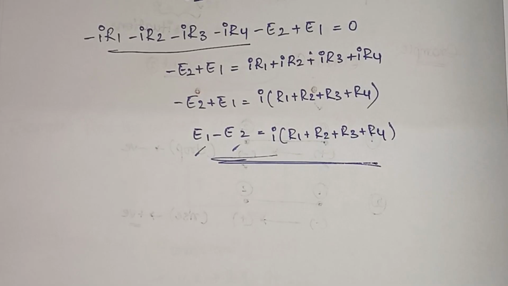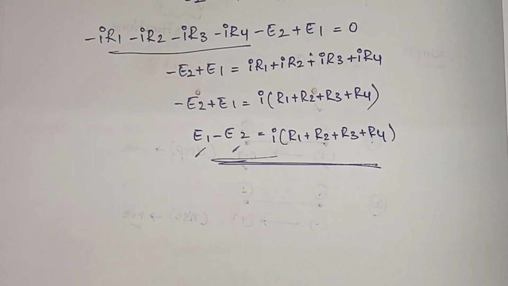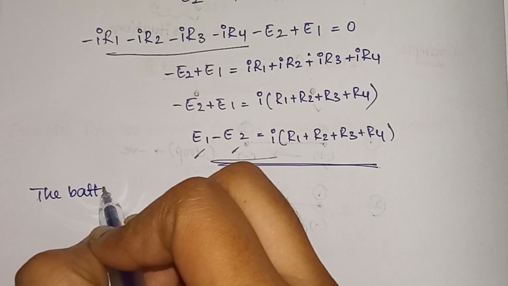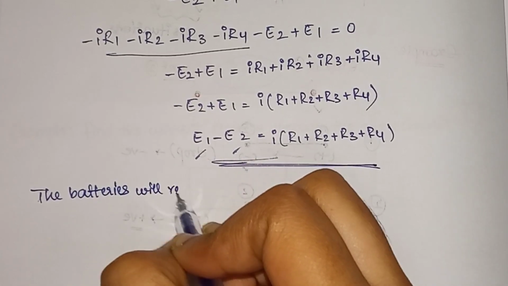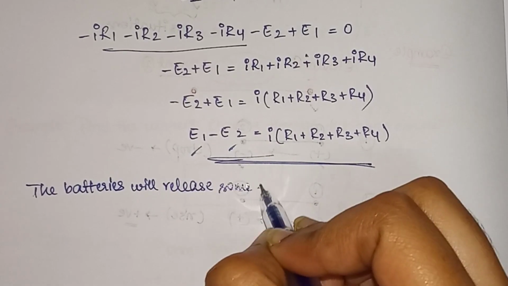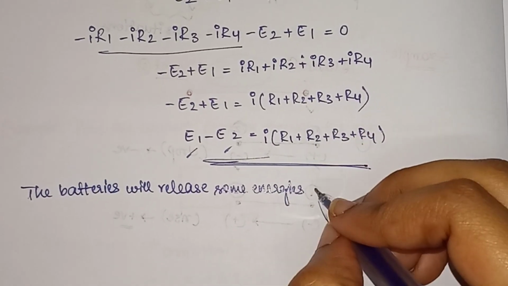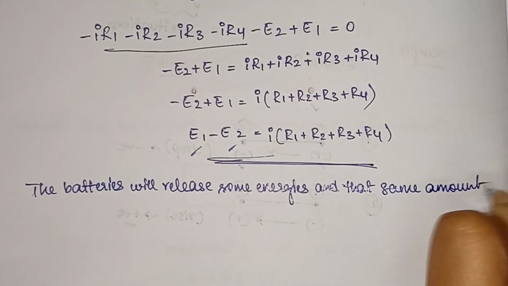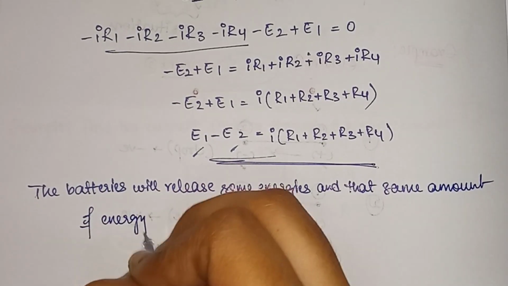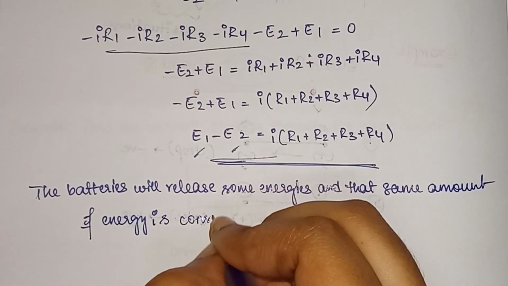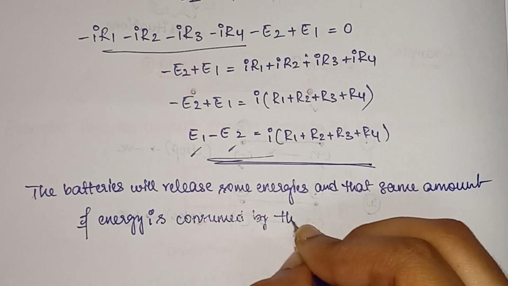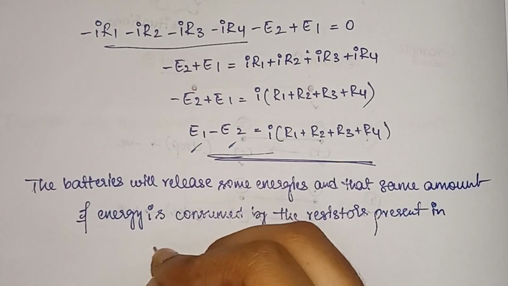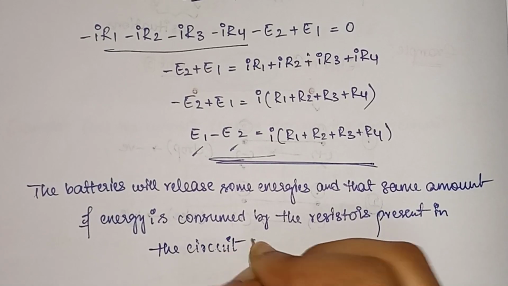So what is happening here, the batteries will release some energy and that same amount of energy is consumed by the resistors present in the circuit. So this is the concept of KVL.